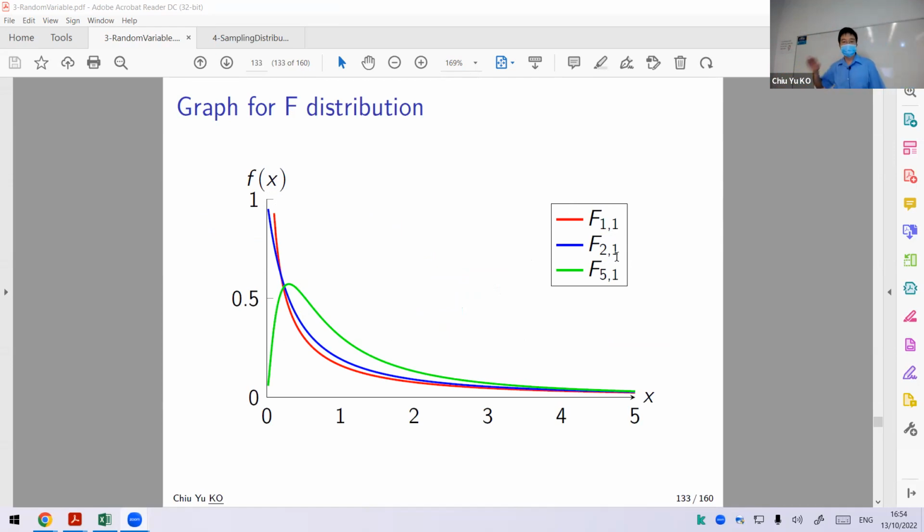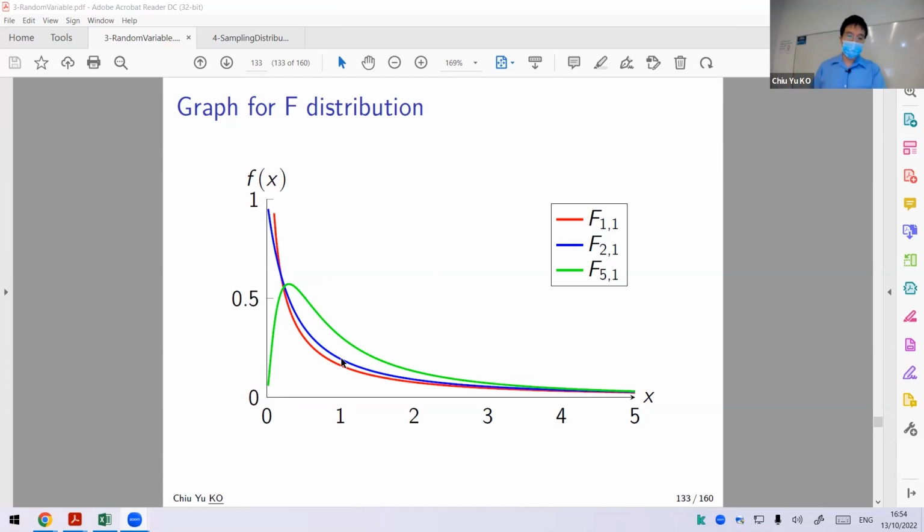It really depends, but you can see the ratio of chi-squares must be non-negative. You don't really need to worry about what it looks like, but you can simply think it's downward sloping, which would be the easiest thing. It is best to think it's more like the chi-square, which I think is a better representation of what it looks like. And don't worry, the T and F we will be using very soon.